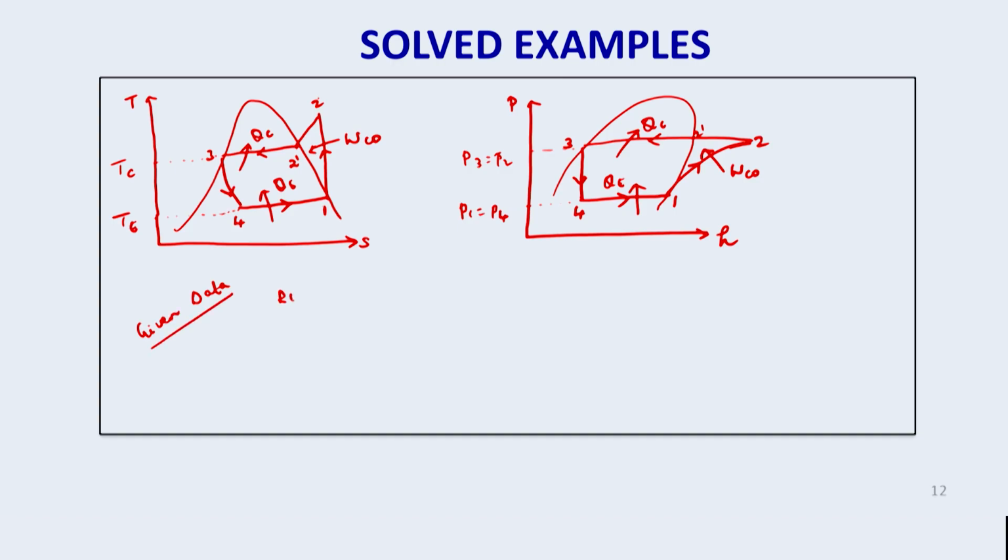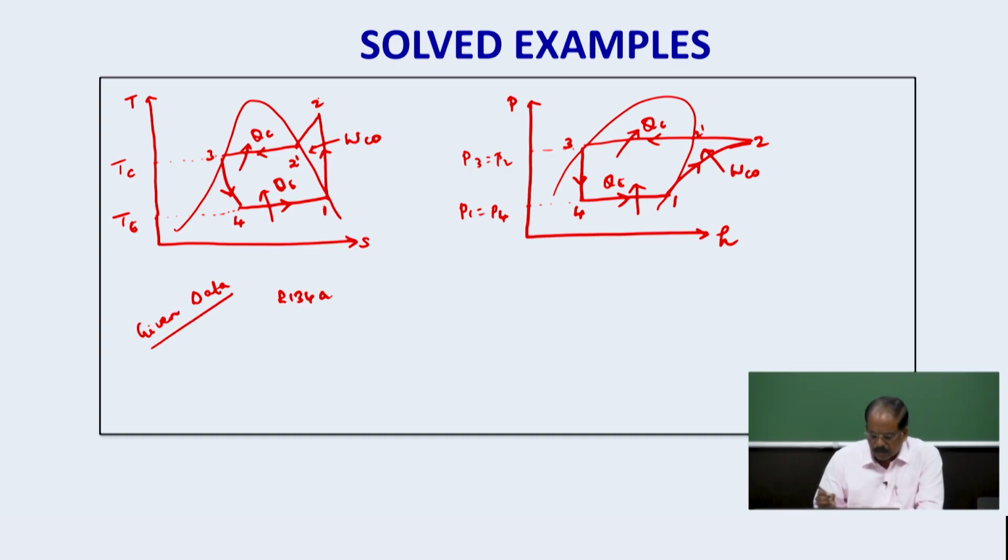R134A, there is no change compared to the working fluid which we have used for the previous two numerical problems. The mass flow of the refrigerant is given, which is also the same, 0.05 kg per second. No change in the evaporator temperature.